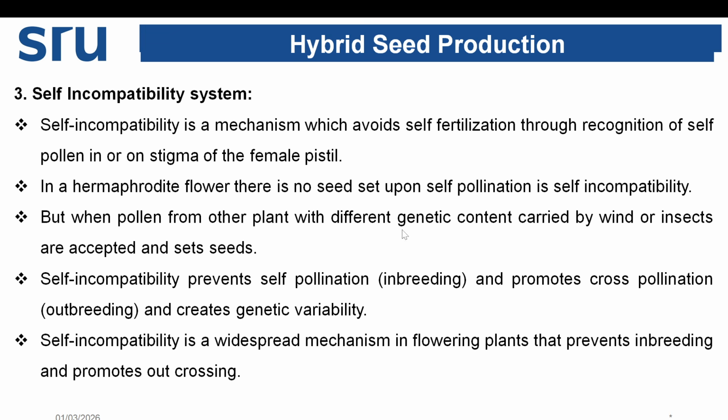But pollen from another plant with different genetic content, carried by wind or insects, is accepted and sets seeds. Self-incompatibility prevents self-pollination, that is inbreeding, promotes cross-pollination and creates genetic variability. It is a widespread mechanism in flowering plants that prevents inbreeding and promotes outcrossing.